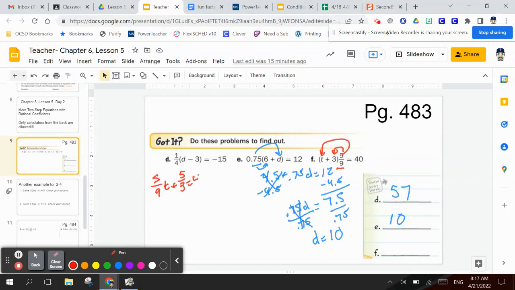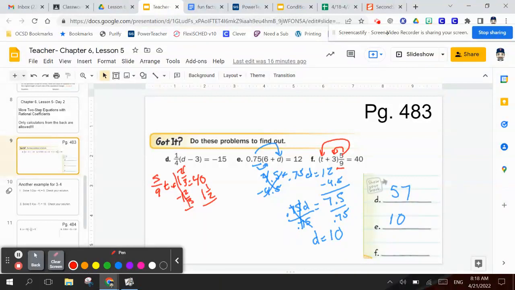Equals 40. So 5/3 is another way of saying 1 2/3. So I want to subtract 1 2/3 from each side.